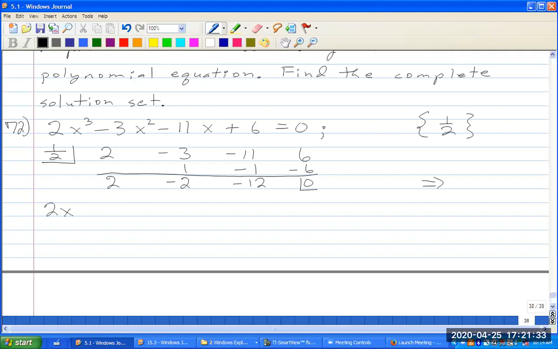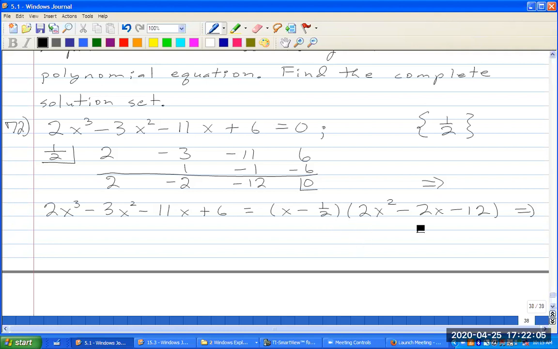And so I have that 2x cubed minus 3x squared minus 11x plus 6, by the factor theorem, is just equal to x minus 1/2 times 2x squared minus 2x minus 12. So this says that this product is 0.